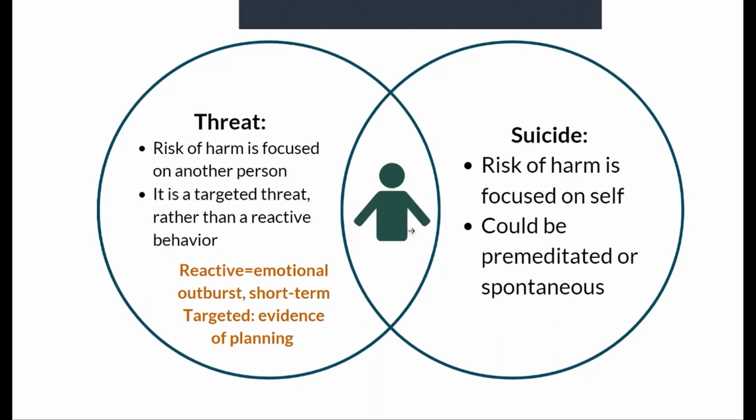In our school districts, we have also developed a threat assessment process, and when there's a risk of targeted violence towards another individual or a group of people, we wanted some way to respond to those situations. However, the responses are different. They are different plans, different assessments.